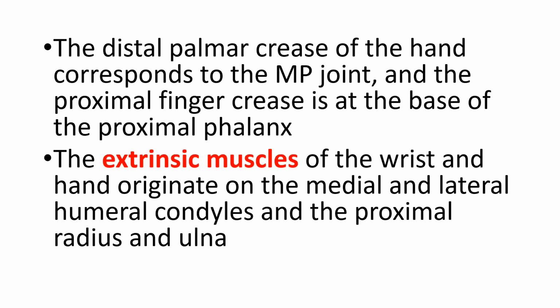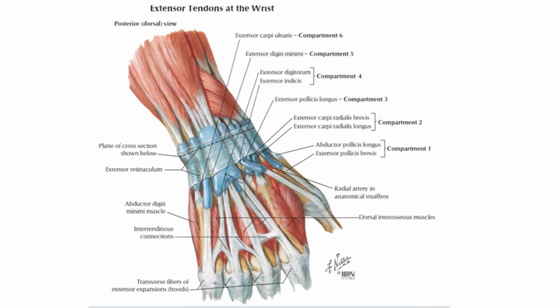The extrinsic muscles of the wrist and hand originate on the medial and lateral humeral condyles and the proximal radius and ulna. This shows you the extrinsic muscles on the extensor surface, or the dorsal surface.